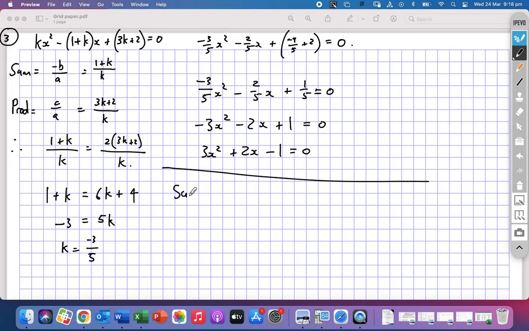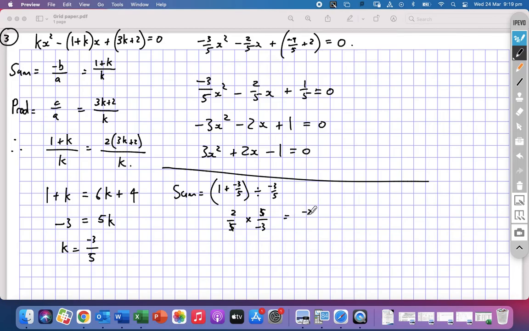The sum, 1 plus minus 3 on 5, all divided by minus 3 on 5. 1 plus, that's 2/5, divided by, same as times 5 on minus 3, 5's cancel.